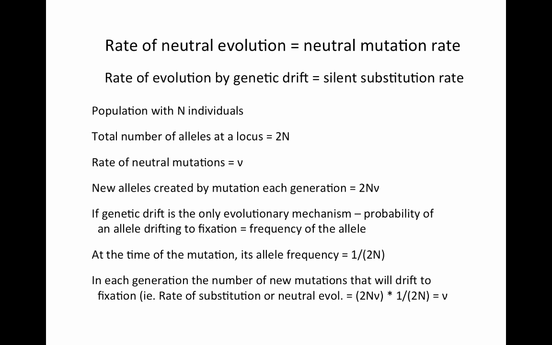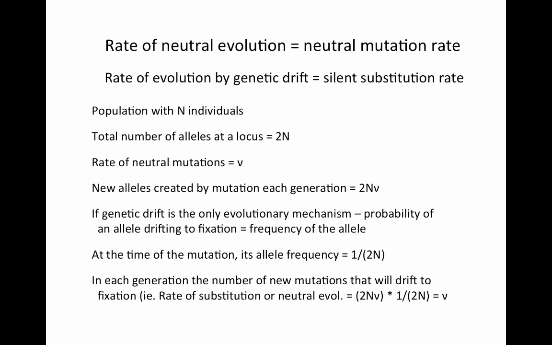So in each generation, the number of new mutations that are going to drift to fixation is going to be the number of new alleles created in the population each generation times the probability that each one of those new alleles will become fixed in the population, which is equal to its frequency in the population at the time of the mutation.